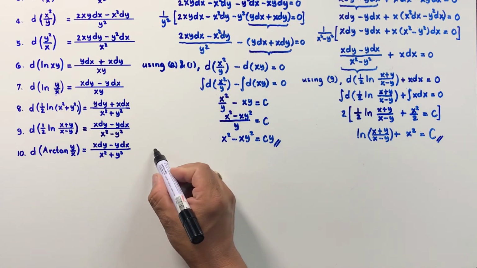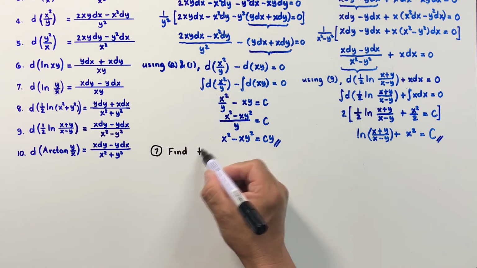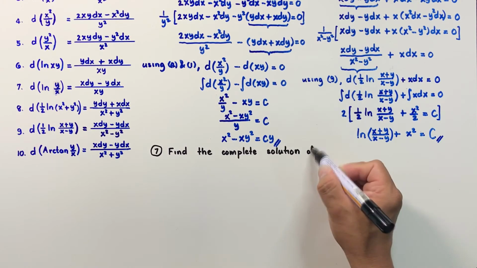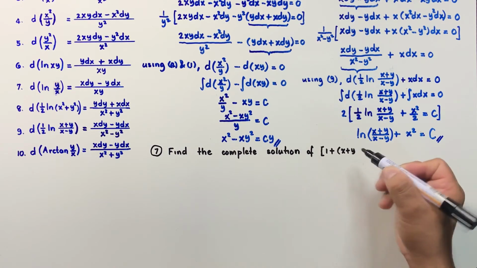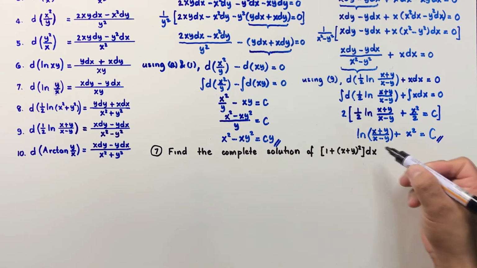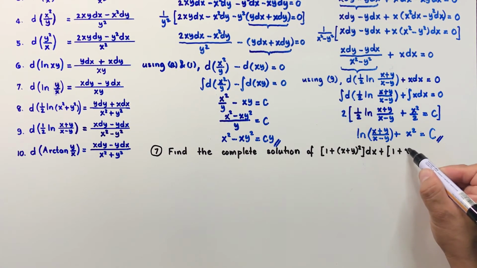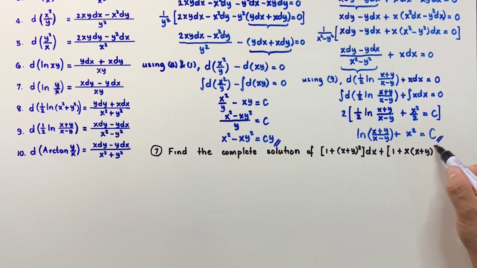Now, let's proceed to our last example here. Find the complete solution of the differential equation of 1 plus the square of x plus y quantity multiplied by dx plus 1 plus x times the quantity of x plus y times dy, which is equal to 0.